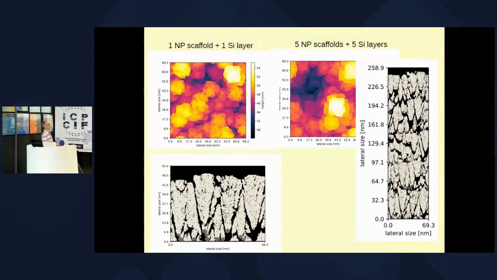And then there is formation of some pores between these blocks of silicon. So the pores are connected from the top to the bottom in this system, like what is observed in the experiment.